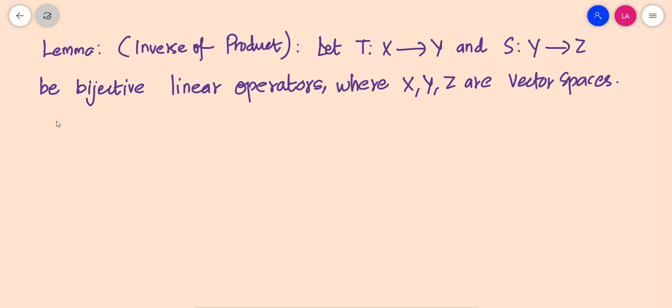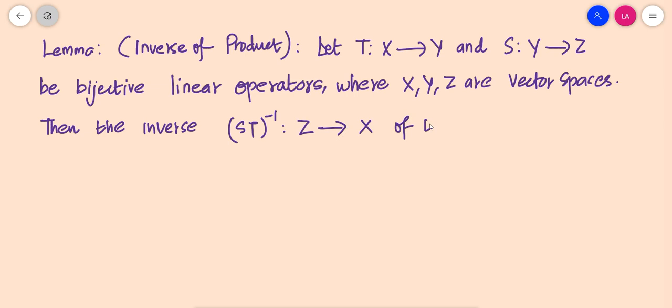Then the inverse (ST) inverse is a function from Z to X of the product. Here product means actually composition.